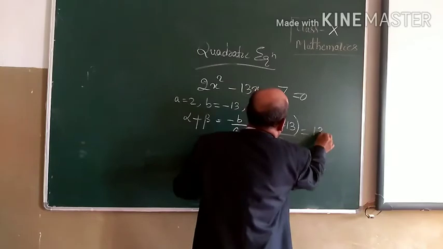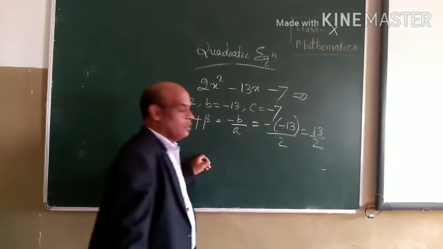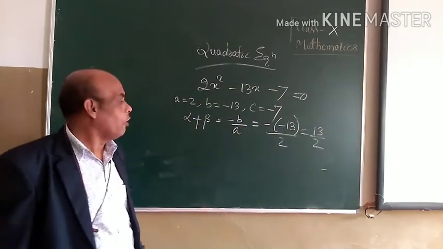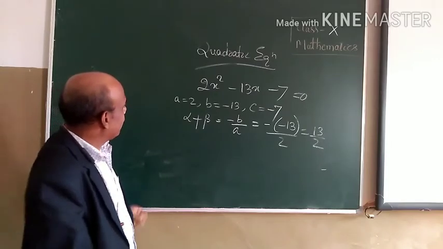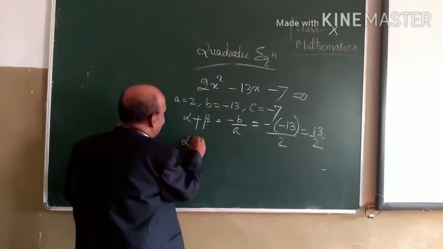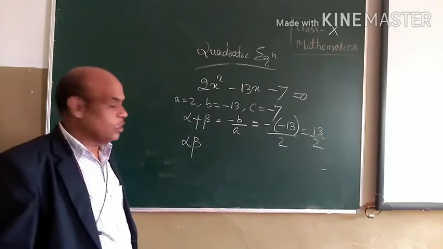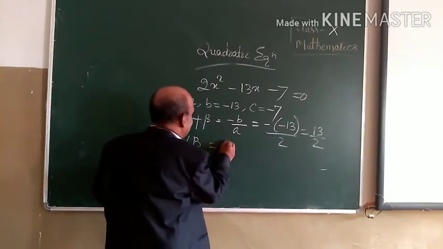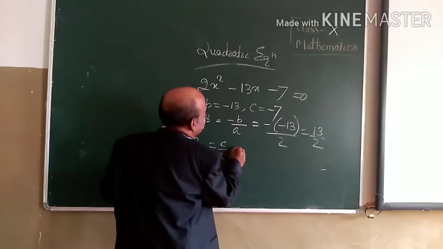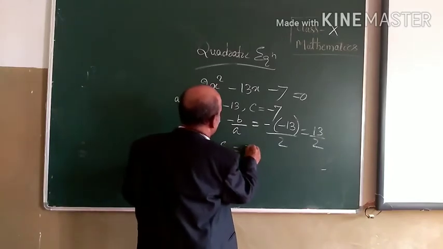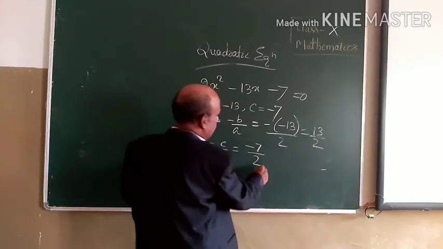So you got the value of alpha plus beta. Similarly, alpha into beta is c by a, so you will write c by a, which means minus 7 by 2.